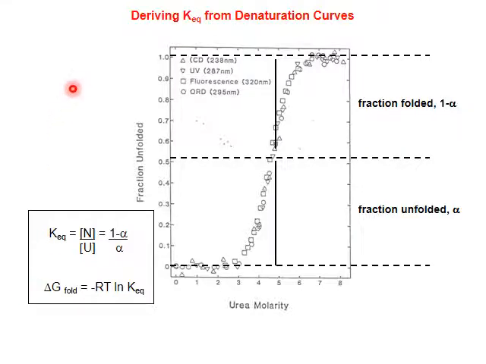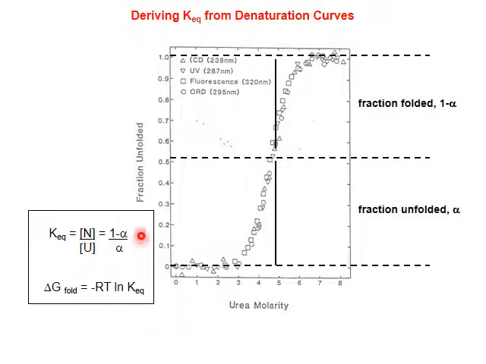So we can actually derive an equilibrium constant from the denaturation curves as shown. When we look at the equilibrium, we're looking at equilibrium between the native and the unfolded version. And so as we denature, we're going to get more of the unfolded versus the native structure.